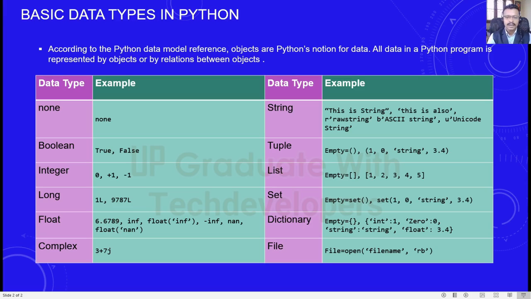This is the simple explanation about the data types, but we talk about these data types in detail in the coming sections. So before we talk about these data types in detail, let us do some practical work to know how these data types work in Python.